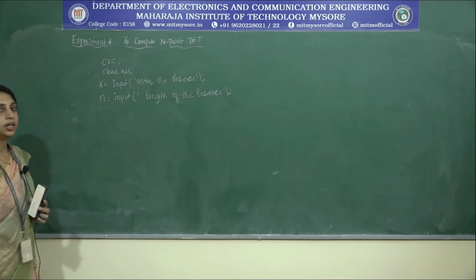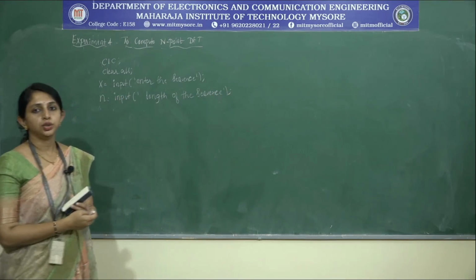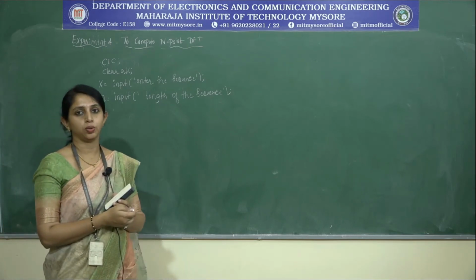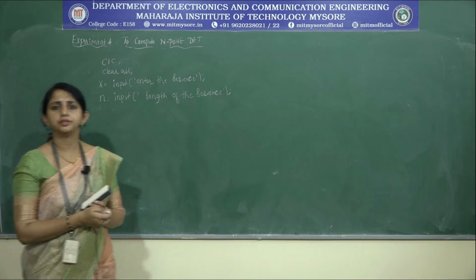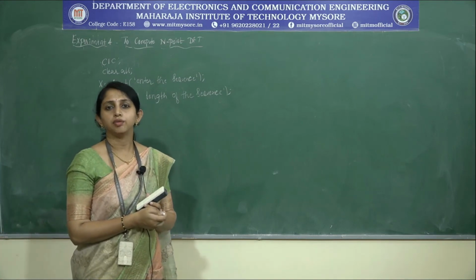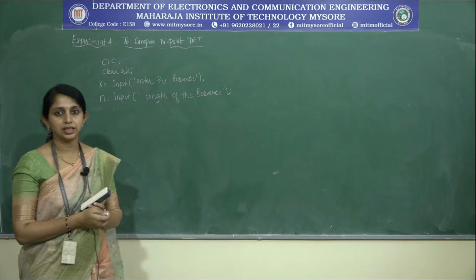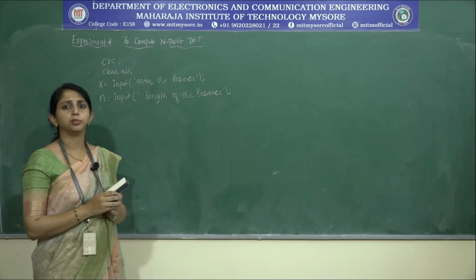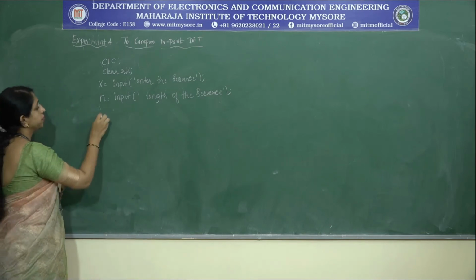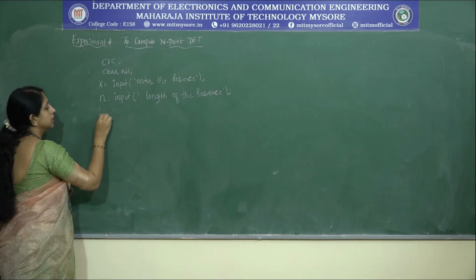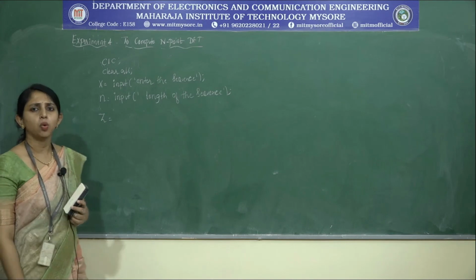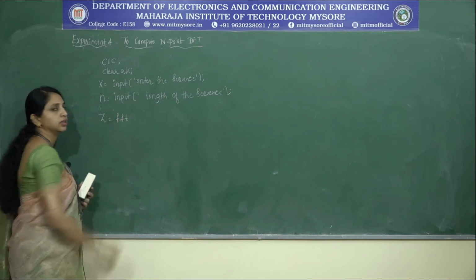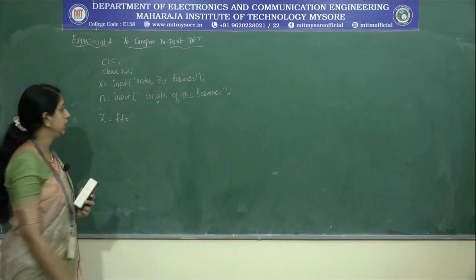Okay, then after this you need to write the DFT of the sequence. In order to perform a DFT in Matlab, we have a function called FFT. I'll assign it to another variable, Z. Z is the FFT which gives the DFT.